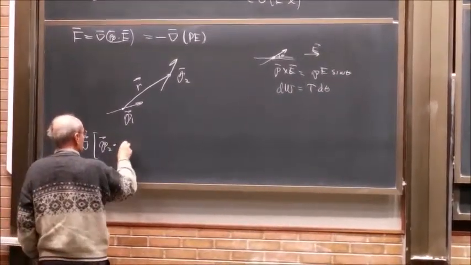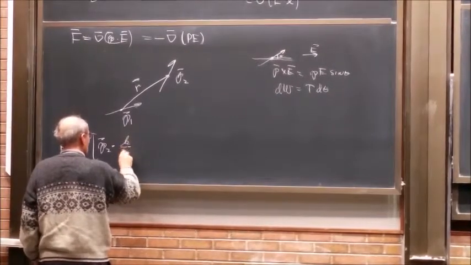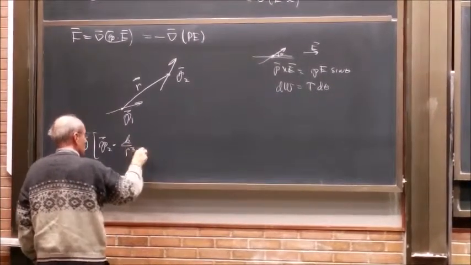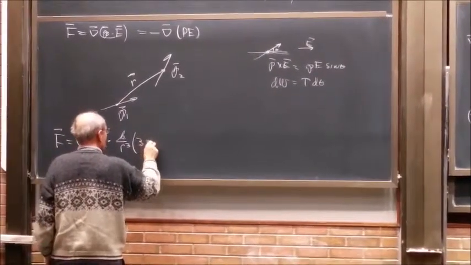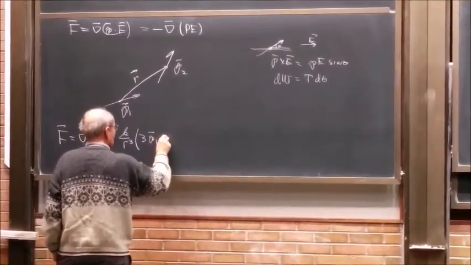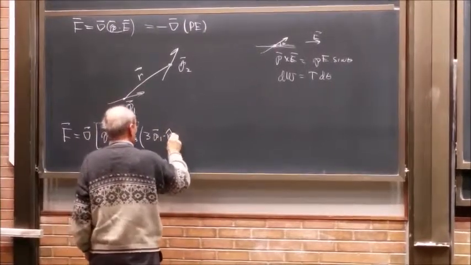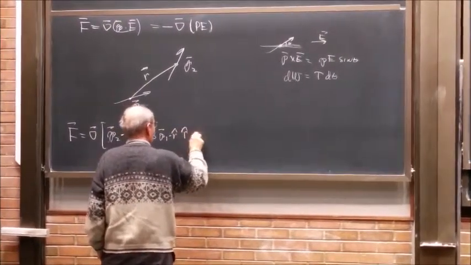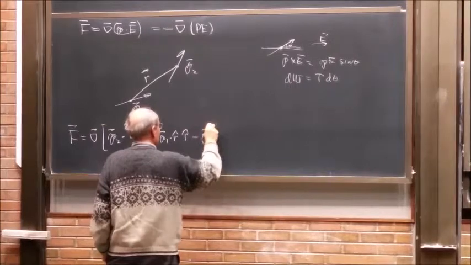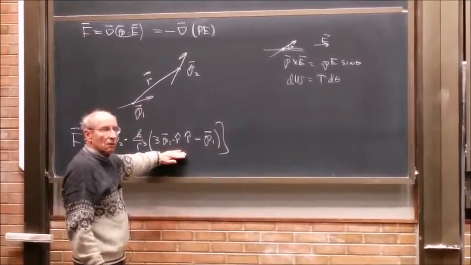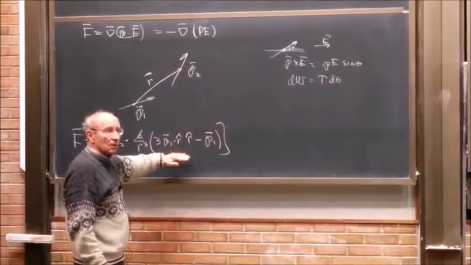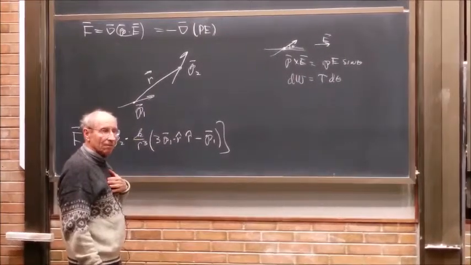But the electric field due to P1 is K over R cubed times 3 P1 dot R hat times R hat minus P1. That was the form we got for the electric field produced by a dipole.